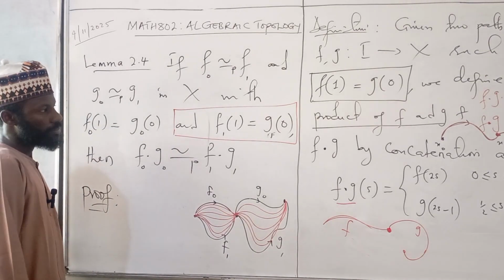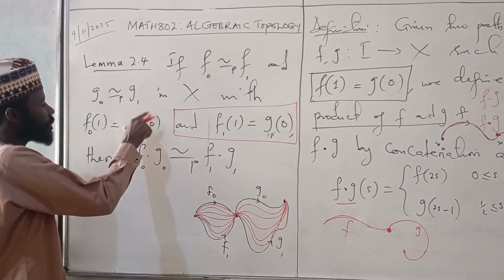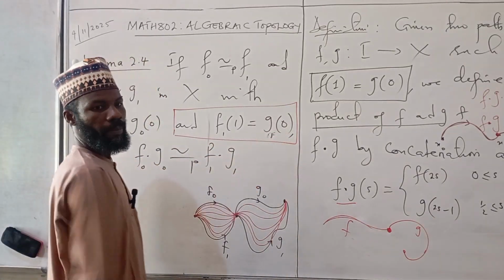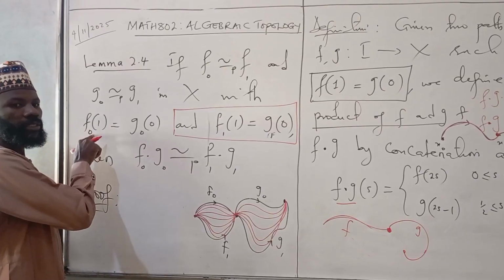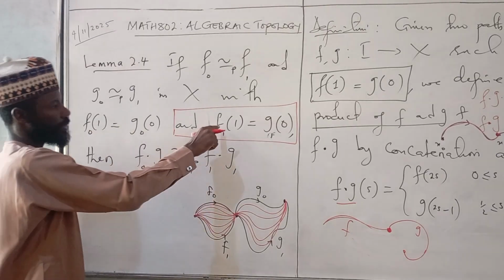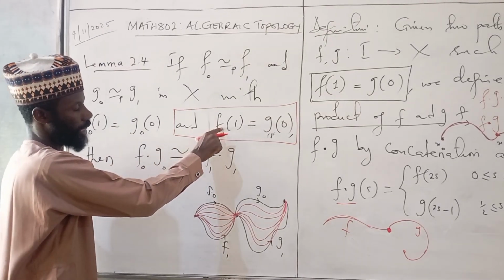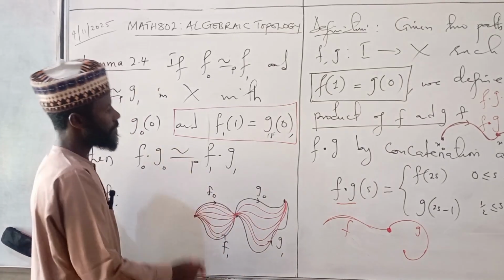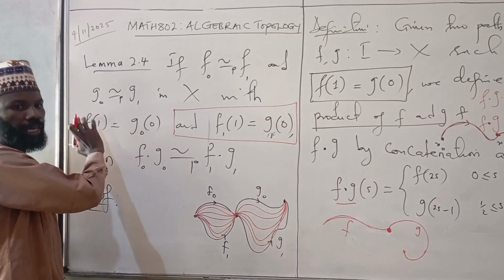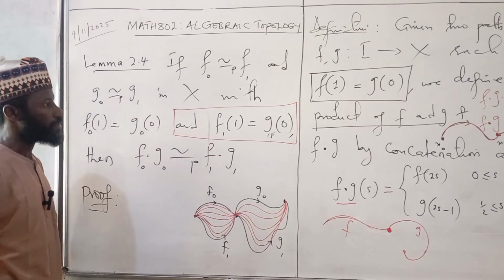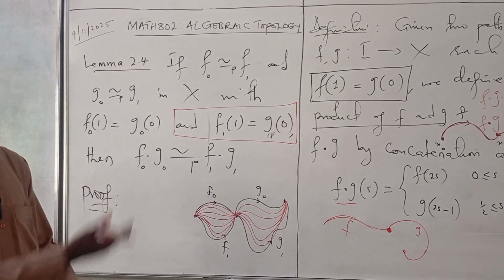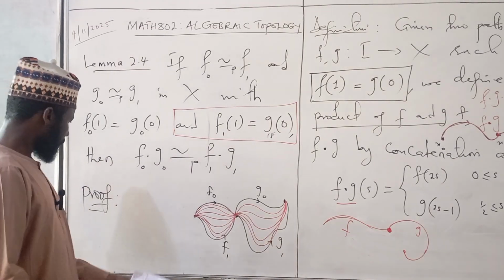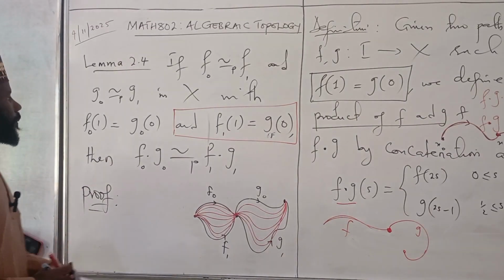Because g0 of 0 is equal to g1 of 0, and f1 of 1 must be equal to f0 of 1, because of the homotopy here. So the first condition will suffice, but there is nothing wrong in putting the other condition, just for emphasis. Is this okay? So how do we prove this now?